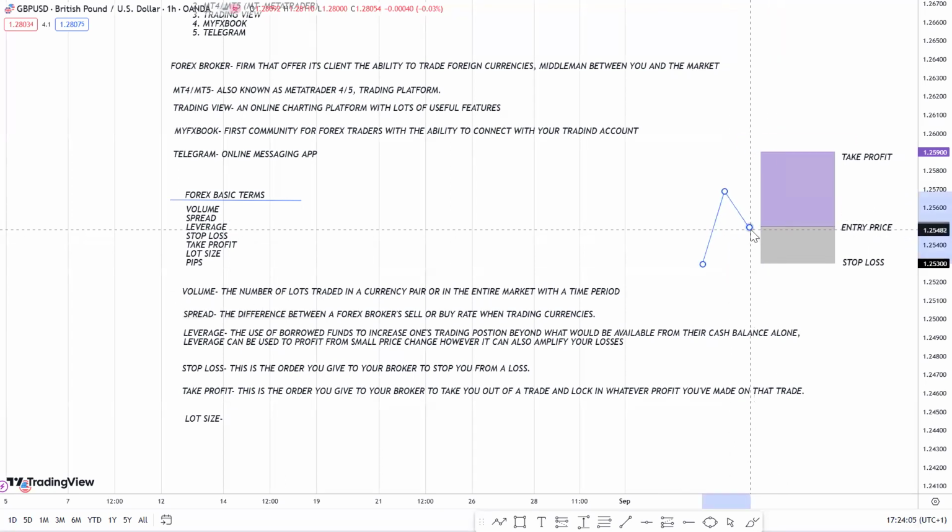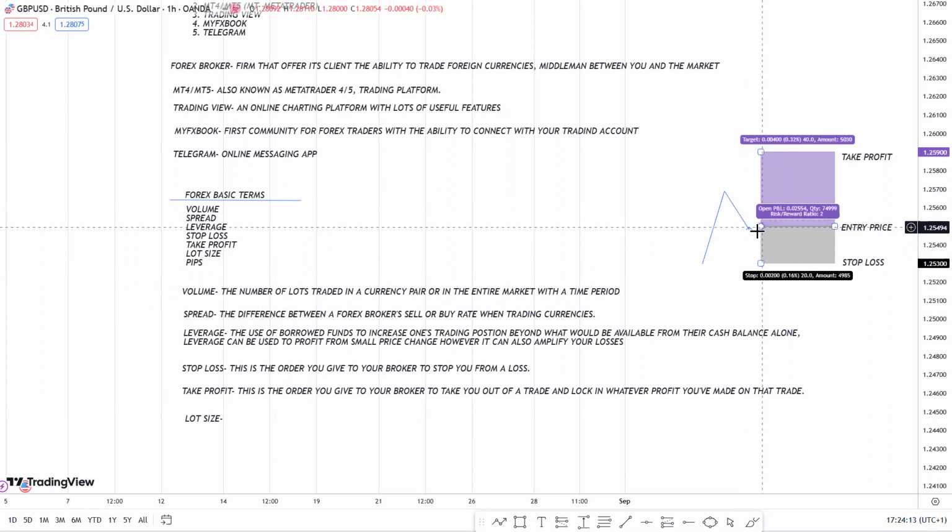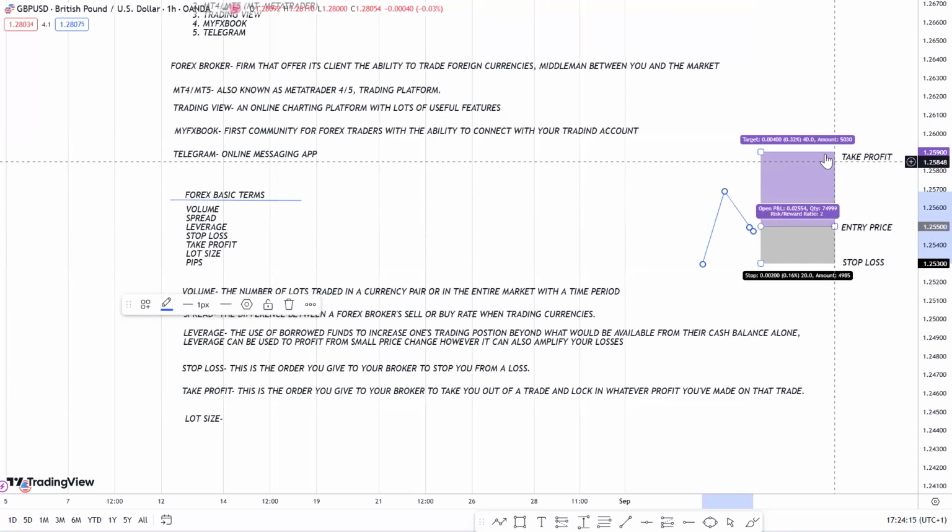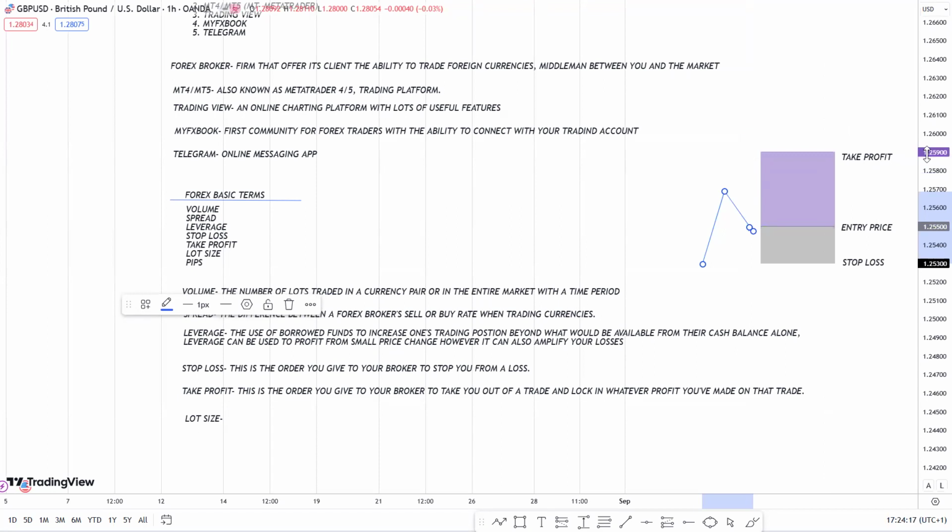So we are going to close that trade and probably trade another day where we see a good trading opportunity in the market. But if I give a take profit number and tell you to set your take profit at 1.25900 as it is right here, once price gets to this take profit, we are going to get out of the market with the profit we've made. I believe you understand that right now.